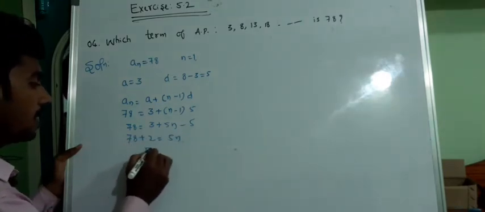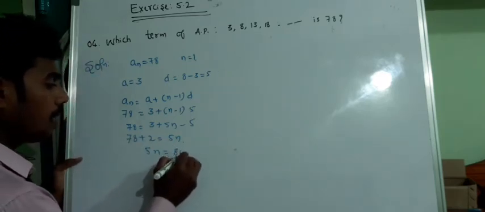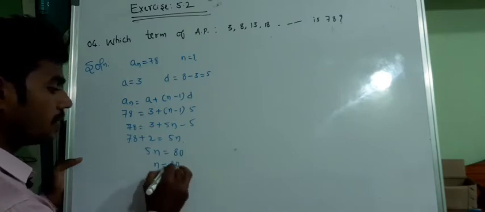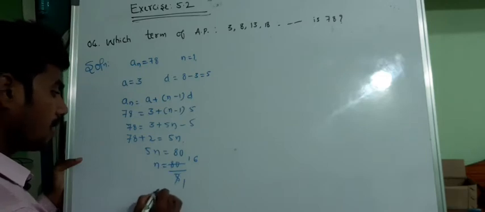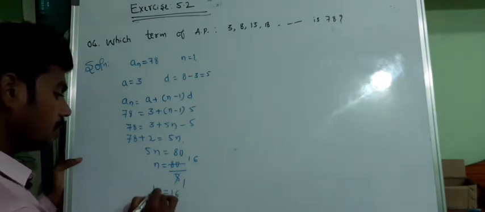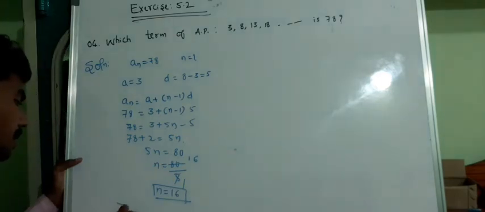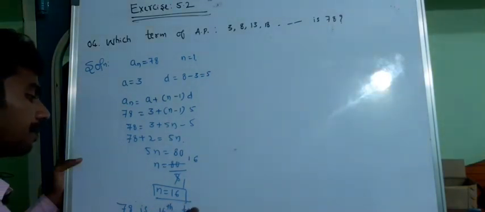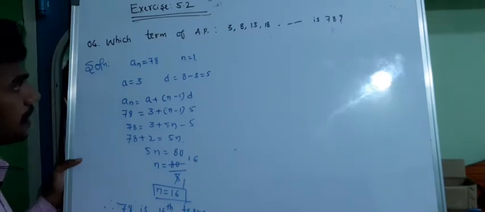Or else 5N is equal to 78 plus 2 is nothing but 80. Or N is equal to 80 divided by 5. 5 ones are 5, 16 5s are 80. That is N is 16. Therefore 78 is the 16th term. Please note this down.